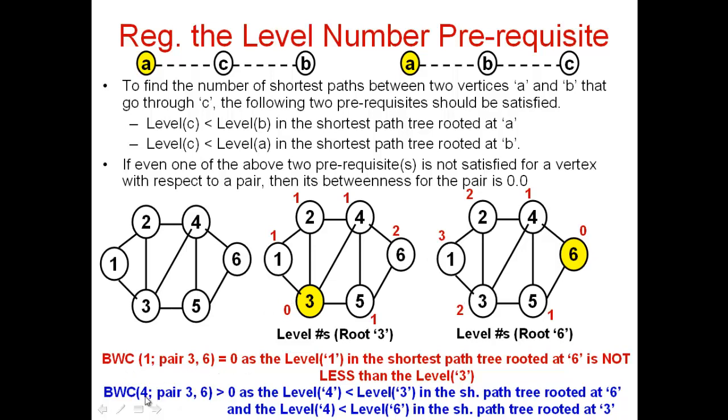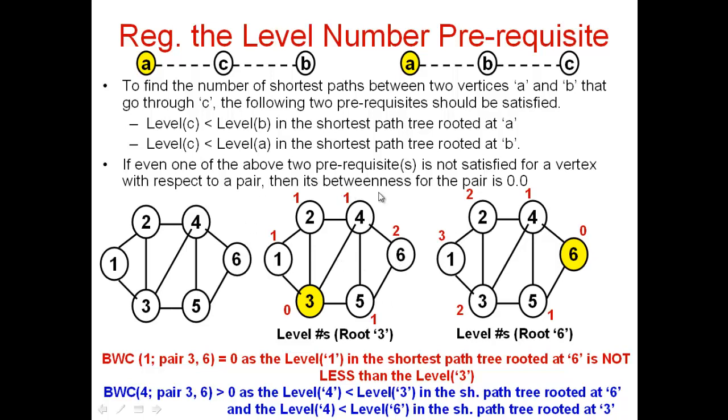So let us now do the betweenness of 4 with respect to the same pair 3, 6. So the level number of 4 is 1, which is less than the level number of 3, which is 2. So that means we also have to check for 4 with respect to the breadth first search tree starting from 3. So the level number of 4 in the breadth first search tree is 1, and the level number of 6 is going to be 2.